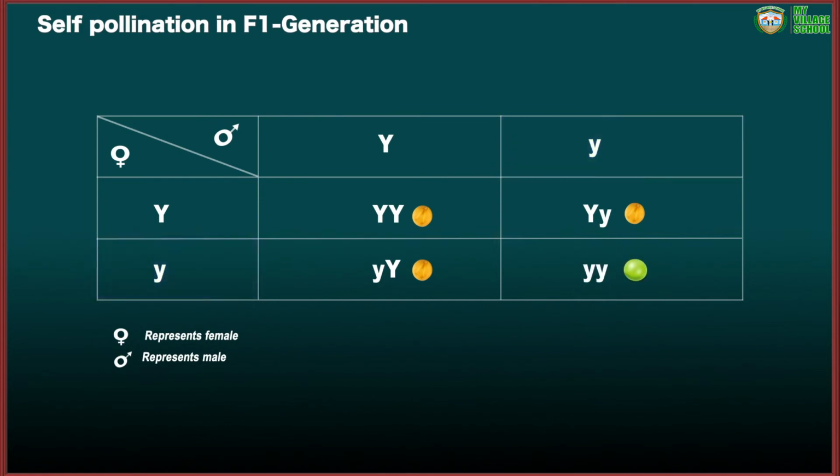All of them are in equal ratio. F2 generation. So, in this heap, we will get approximately equal numbers of capital Y capital Y, capital Y small y, small y capital Y, and small y small y peas. But any pea that has a capital Y factor will be yellow. Any pea that has both small y will be green.